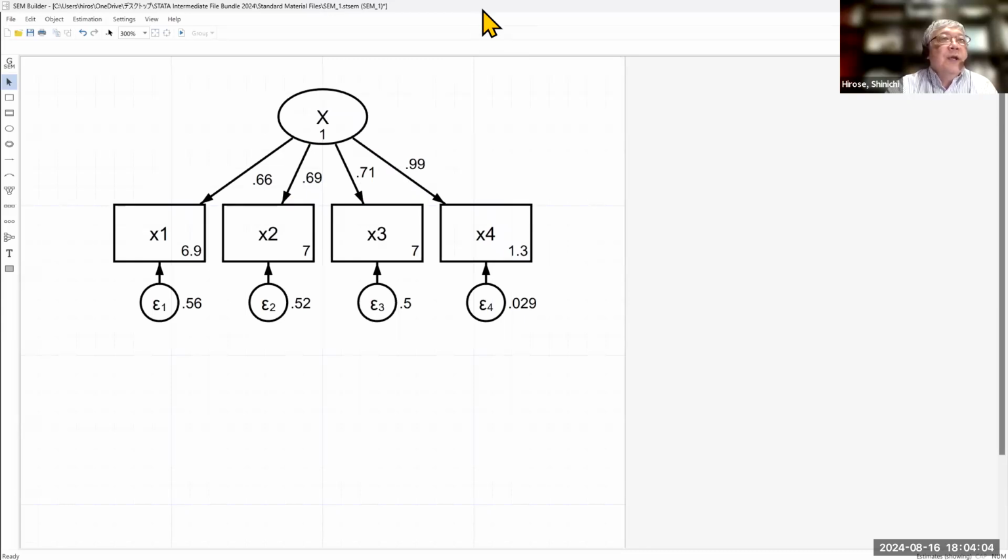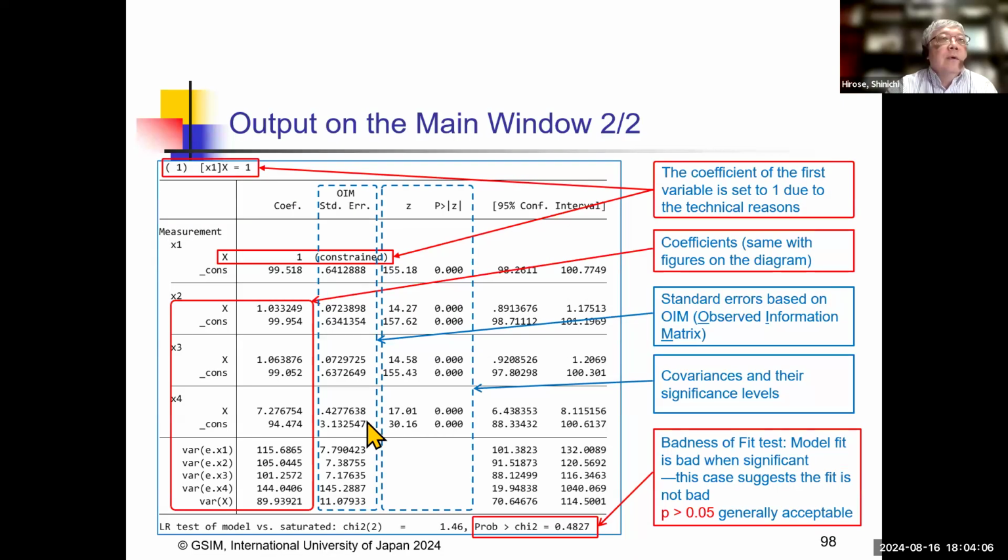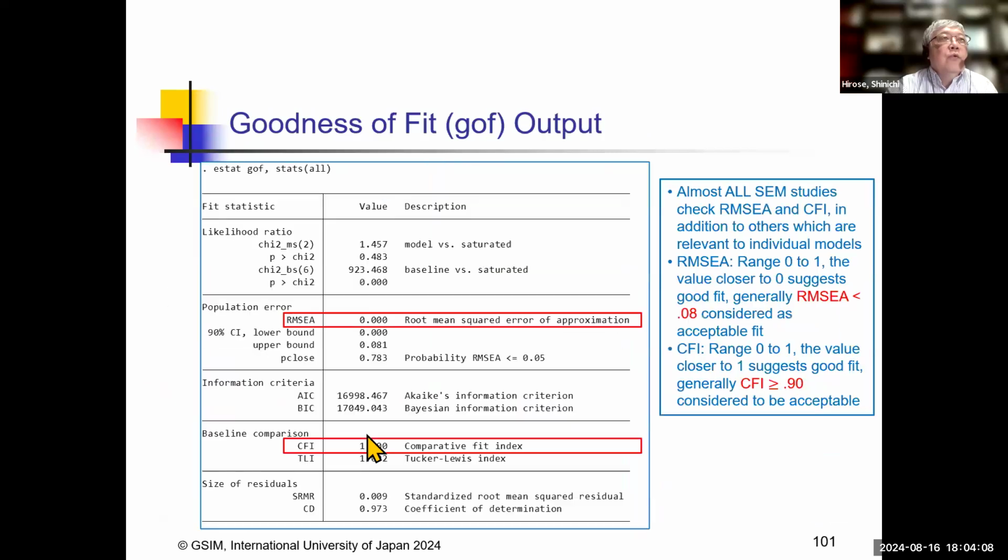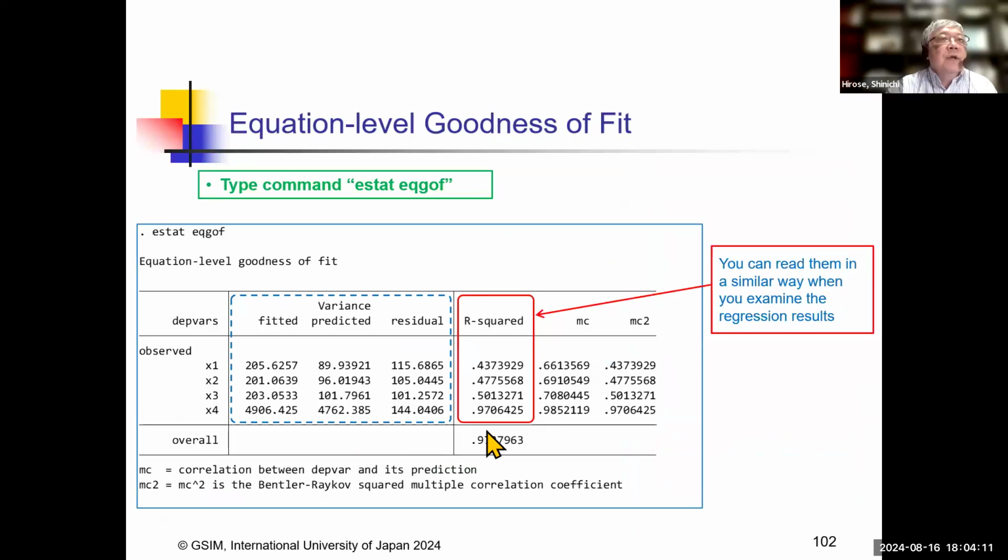Similar to this finding, equation level goodness of fit indicates X4 R squared was biggest, and the second biggest was X3, and very close, but the X2 the third, and the X1 the last.